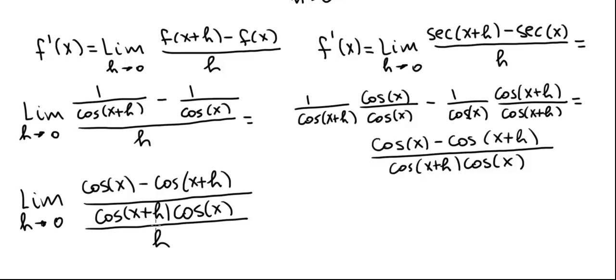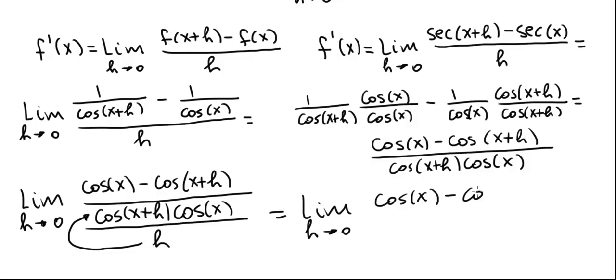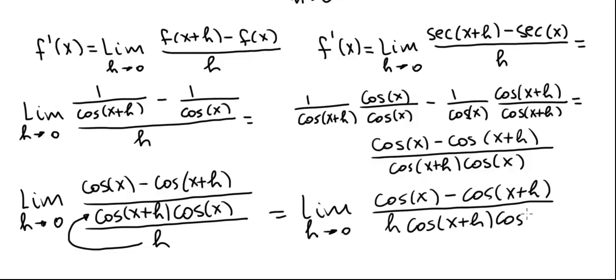Now this further simplifies because this h can just slide right here next to this product of cosine of x plus h and cosine x, and this is now the limit as h approaches 0 of cosine of x minus cosine of x plus h, divided by h times cosine of x plus h times cosine of x.